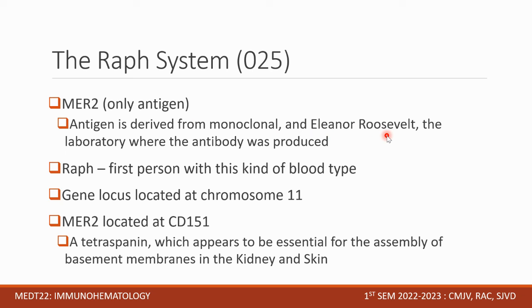RAPH is the first person with this kind of blood type. The gene locus is located on chromosome 11. MER2 is located on CD151, a tetraspanin, which appears to be essential for the assembly of basement membranes in the kidney and the skin.